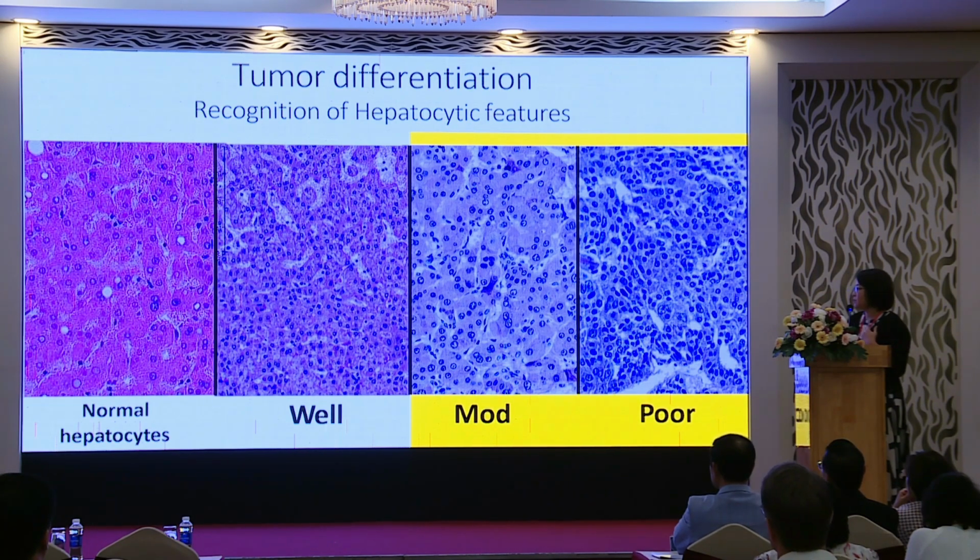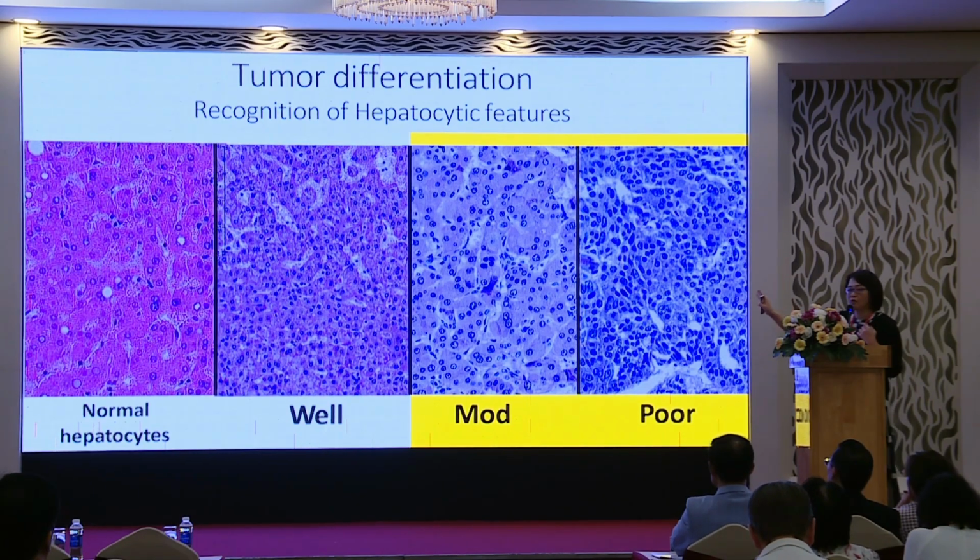When it comes to hepatocellular carcinoma, we have to see how the tumor can still preserve the nature of hepatocyte. So when you look at the well-differentiated HCC and moderate and poorly differentiated HCC, you can see the difference in terms of color and also structure.